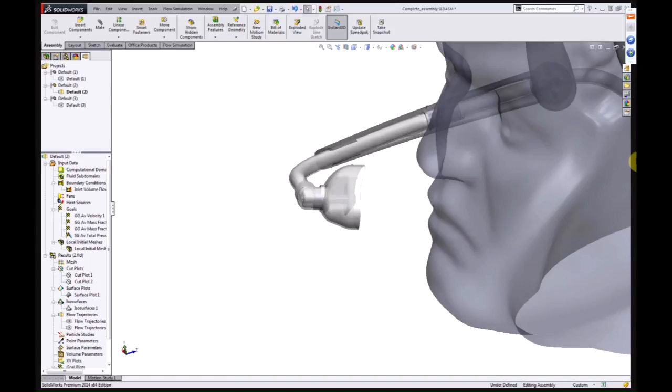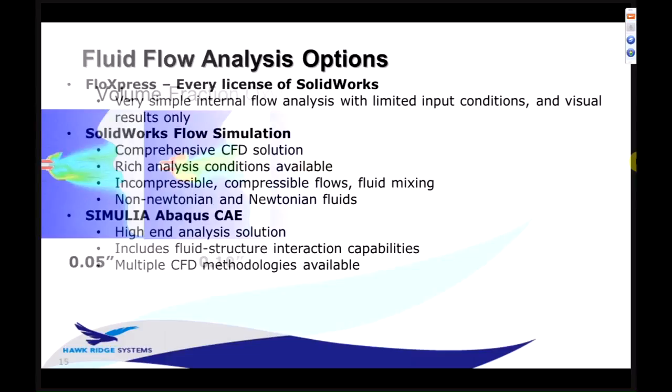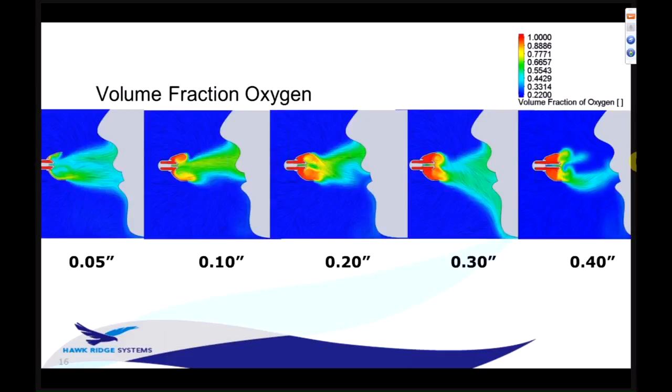But this was a single setup. We had to hit run one time, and it went off and ran these 5 variations. And as you can see, there's some significant differences in the received oxygen for these 5 different cases. So that would be what we call a single factor design study.